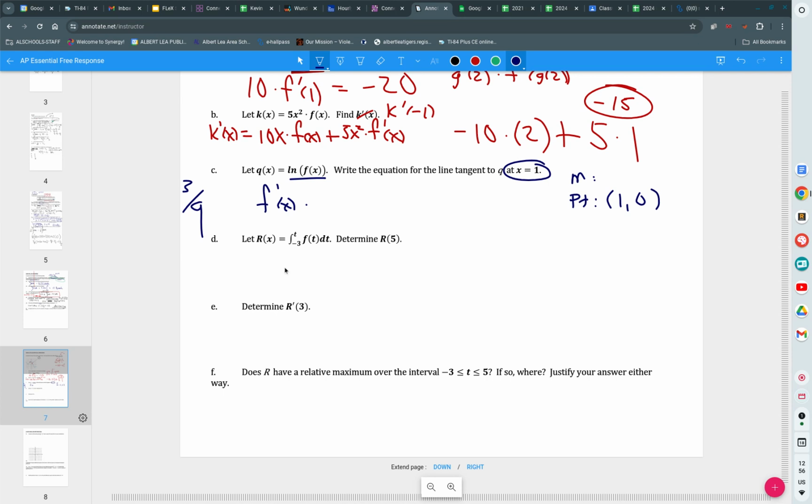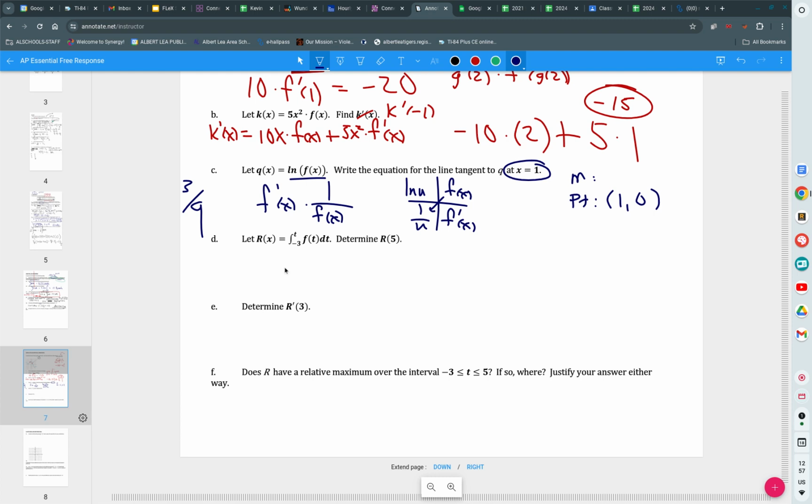What's the derivative of natural log? 1 over with the inside left alone. Are we okay with how I came up with that expression? If you'd like to set it up differently, go ahead and set it up as natural log of u and u is f of x. So you get f prime of x and 1 over u. And hopefully you can convince yourself now that those two are the same.